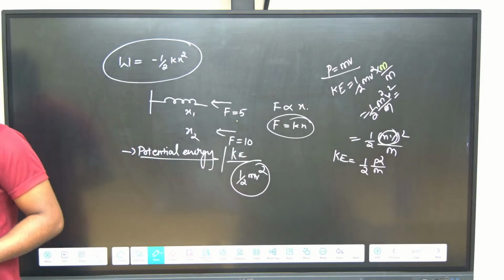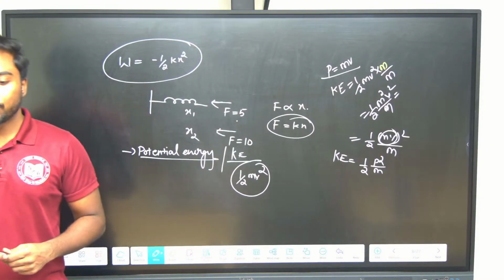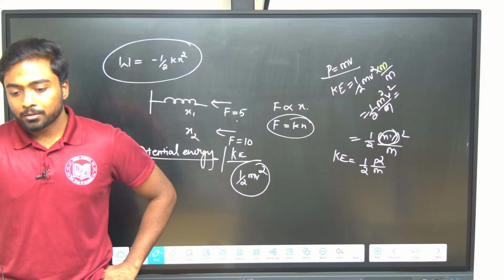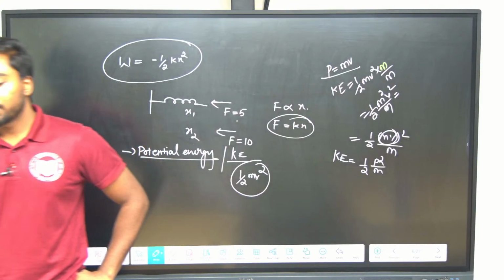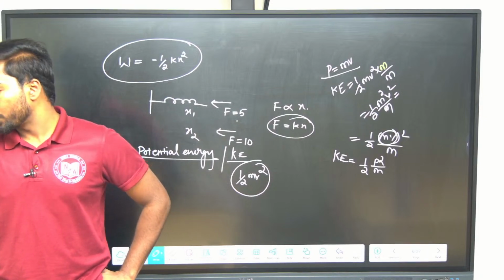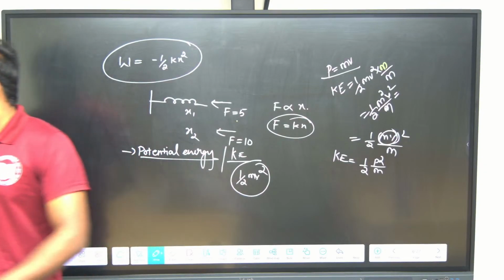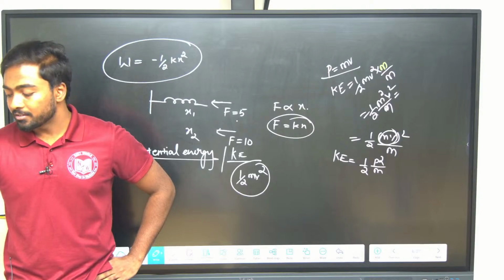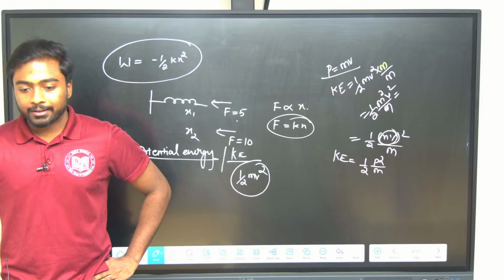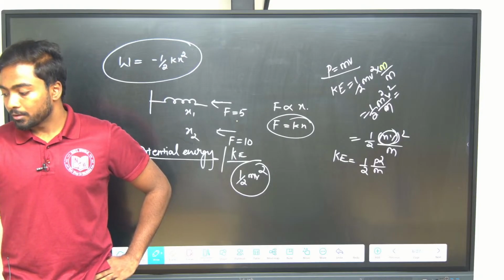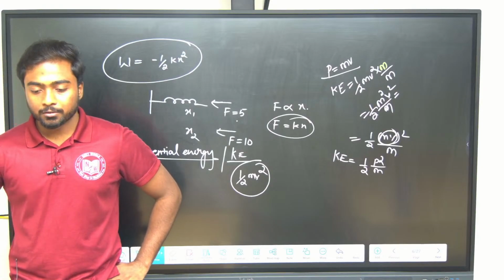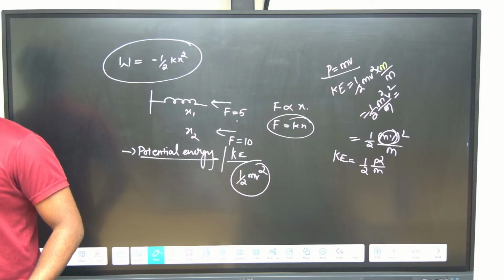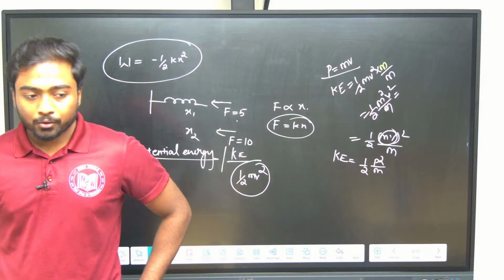A rope is used to lower vertically a block of mass m by a distance x, with a constant downward acceleration g by 2. So what is the work done by the rope on the block?